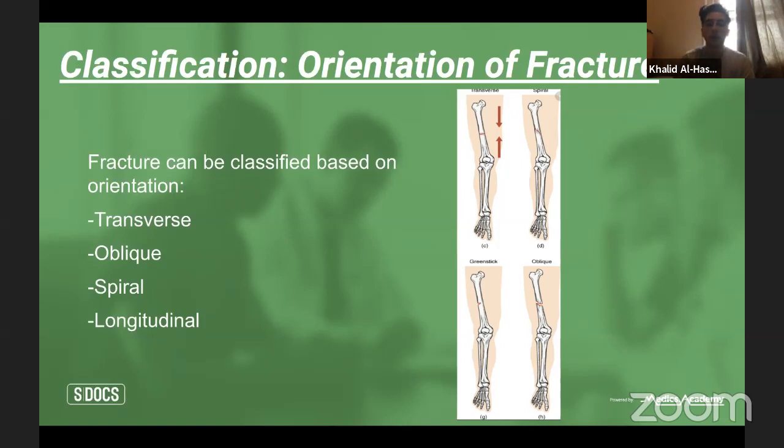So the way in which we can visualize fractures is transverse, in which there is a horizontal based fracture; an oblique fracture, which basically means it is diagonal, going from the top to the bottom or vice versa; spiral, in which the fracture generally starts to form in a spiral shape, so you'll see fragments hooking around each other like so; and longitudinal, which isn't shown in any of the pictures to the right, I'm afraid, but is a fracture which generally tends to span from the top downwards to the bottom.